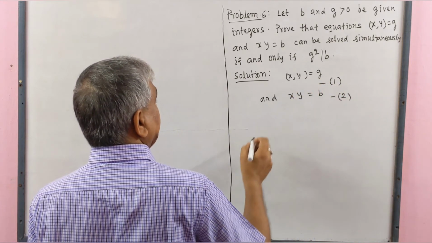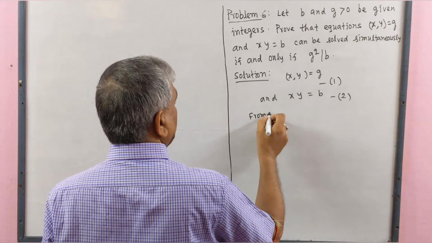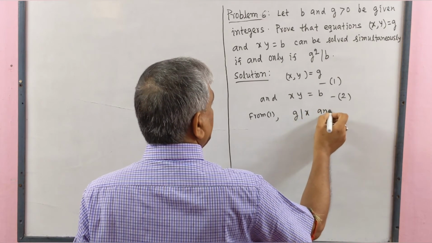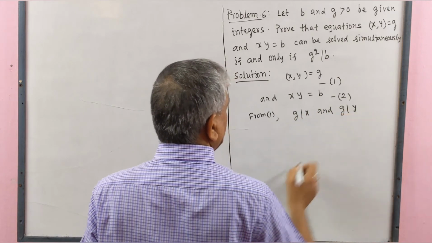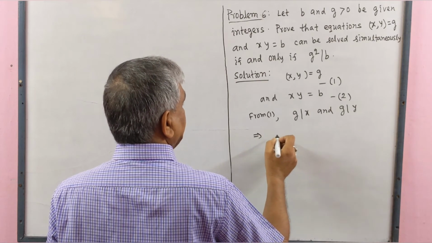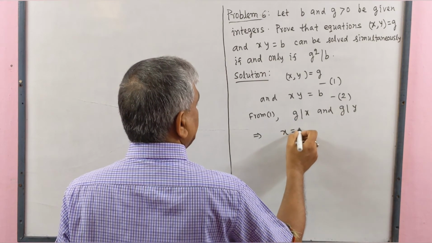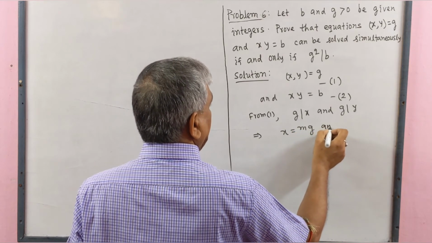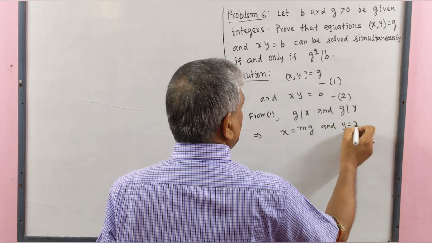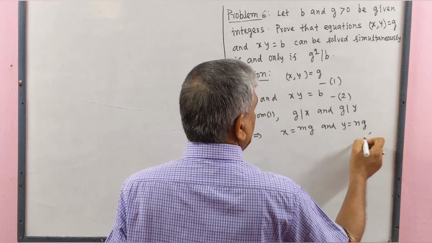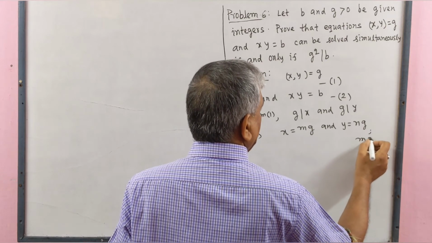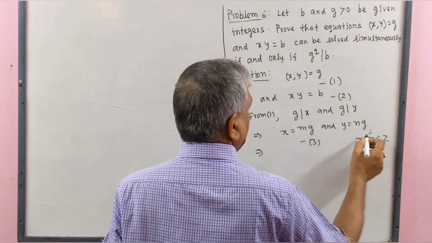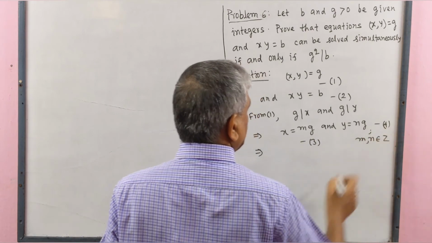From 1 we get G divides x and G divides y, implies that x equal to mg and y equal to ng. M and n are integers. This is number 3 and this is number 4.